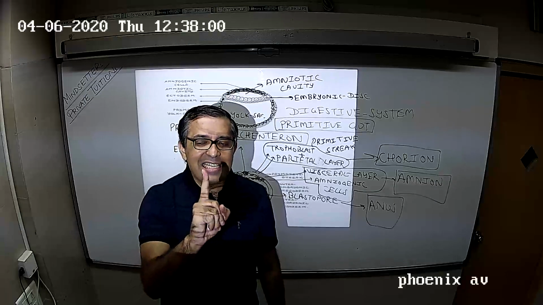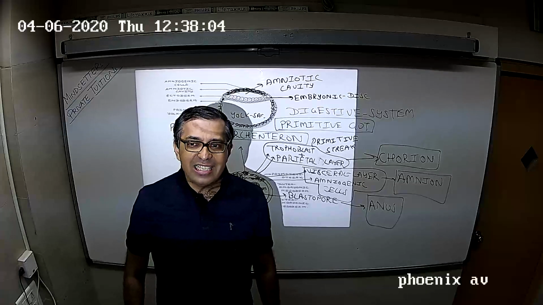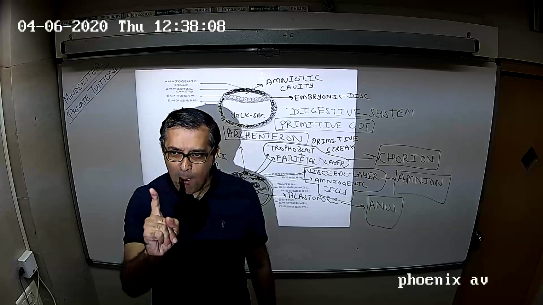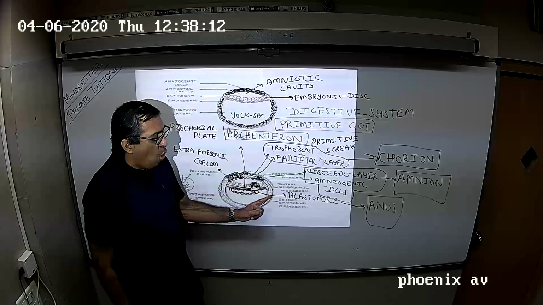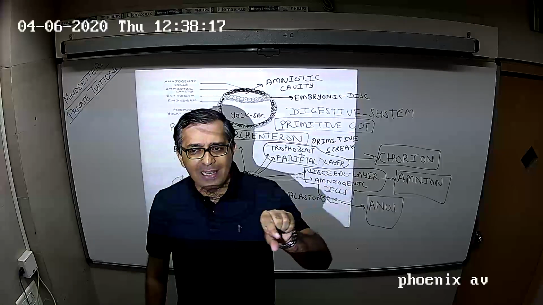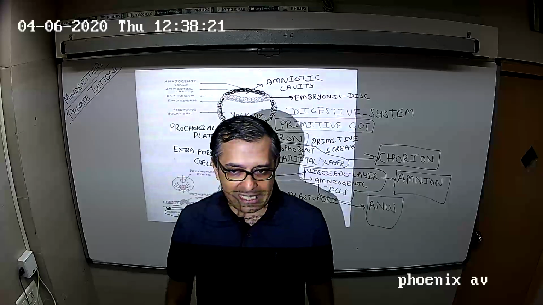The first system to develop is the digestive system, which is the first part of the baby to develop. Anus. The blastopore forms the future anus. So anus first part बनता है, and first system to develop is the digestive system.